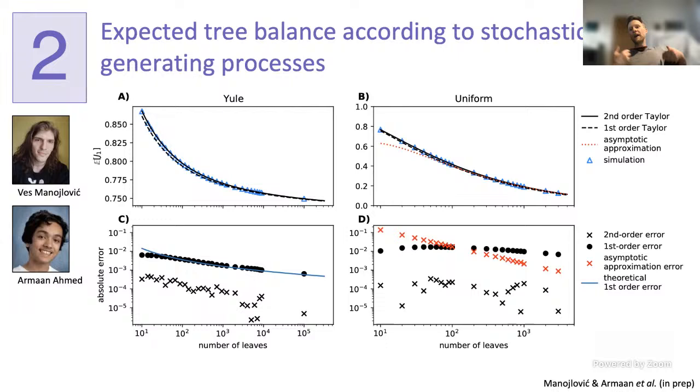So basically, if you give us a tree, we can say whether it's more or less balanced than you would expect, according to the Yule or the uniform null model, for that given number of leaves. So this gives us a benchmark for these kinds of analyses.